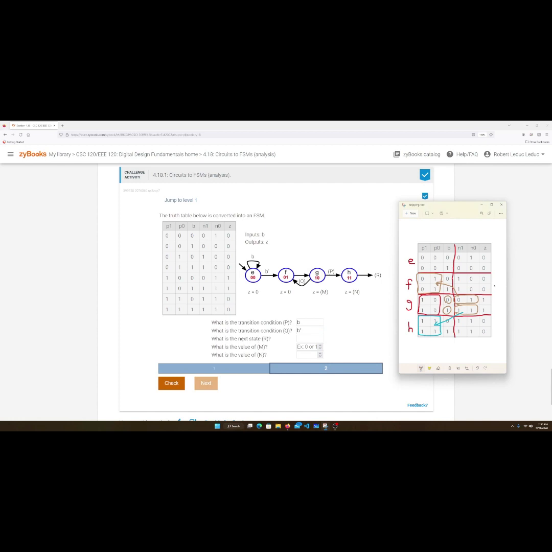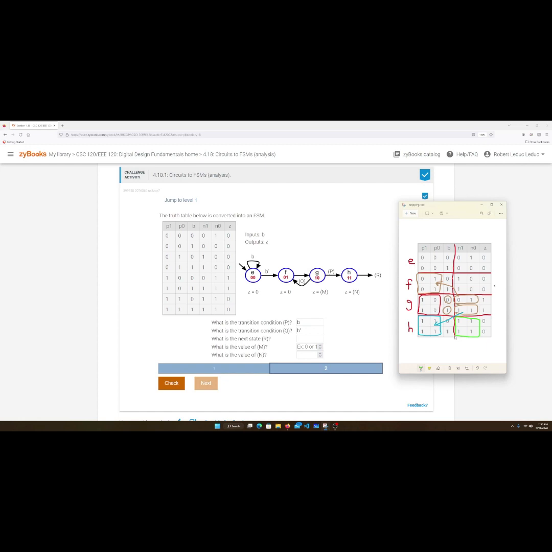Okay? And then it asks us what the next state is, R. So that's this state after H that H is pointing to. So we already highlighted where H is here. That's the state represented by state register values 1 and 1. The next state is going to be right here.